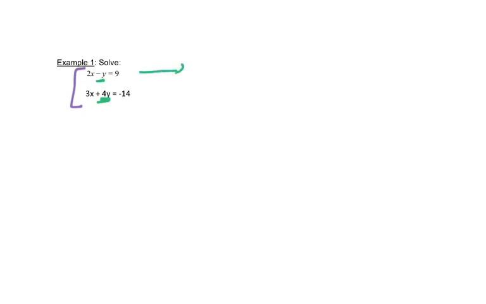In order to do that, I multiply the whole top equation by 4. So that means everything. So I'll take 4 times 2x, and I'll get 8x. 4 times negative y, so that gives me negative 4y. And 4 times 9 gives me 36. Now this bottom equation I'm just going to copy because it already has a 4 in front of the y.